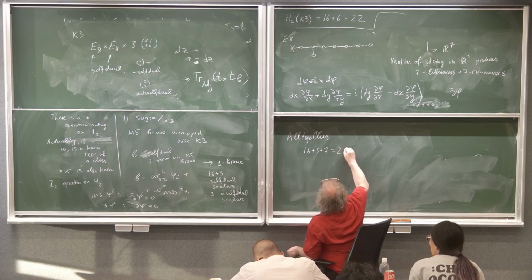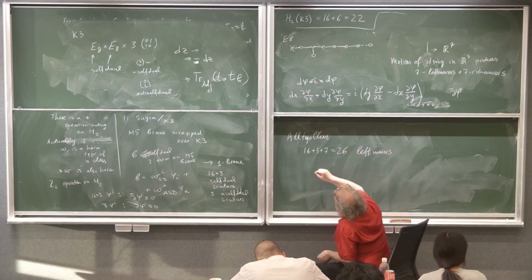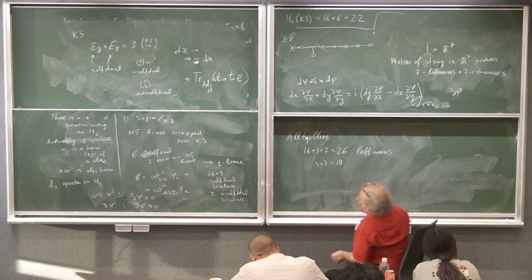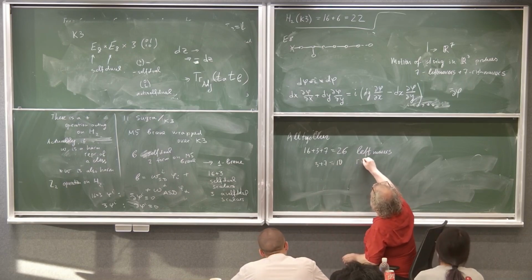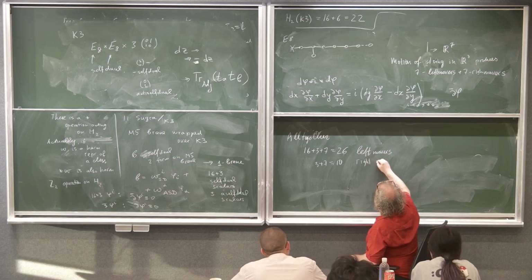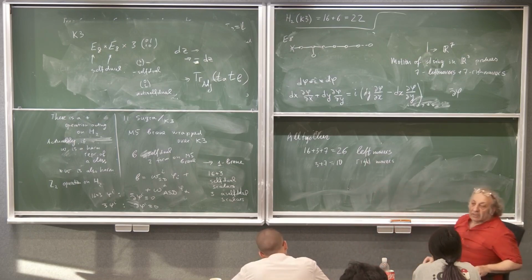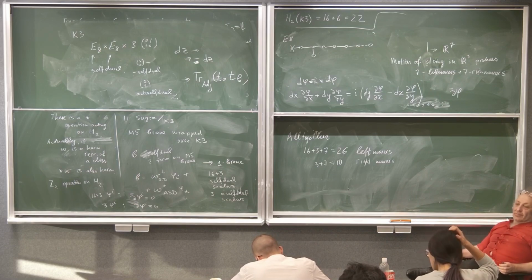It is 26 left movers and 3 plus 7 equals 10 right movers. But it is exactly what people used to call heterotic string.